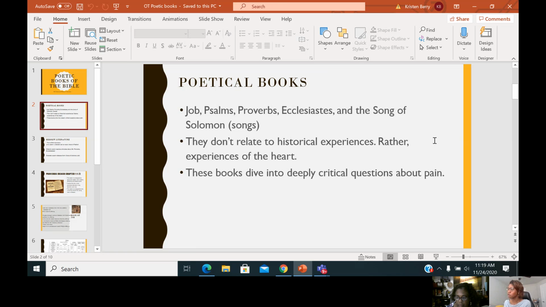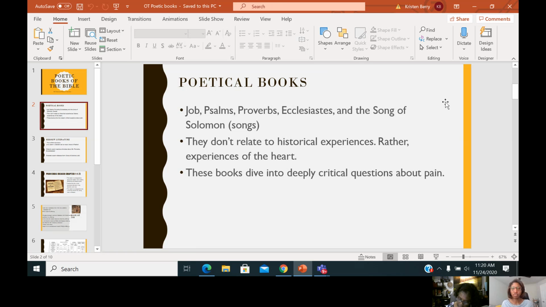All right, so anyway, Job, Psalms, Proverbs, Ecclesiastes, Song of Solomon, those books don't really have any history to them. There are some historical accounts, but they don't really tell stories like the other books did.